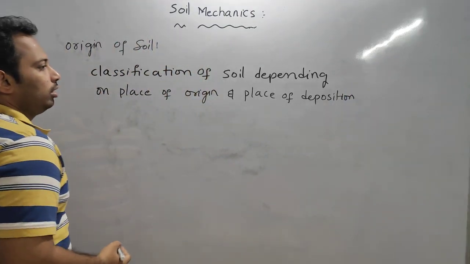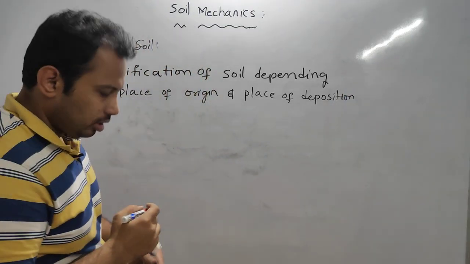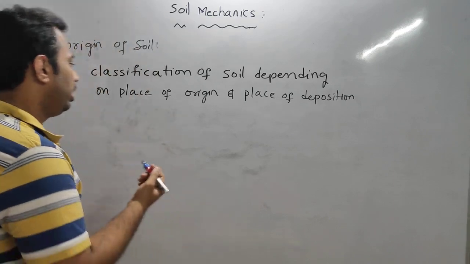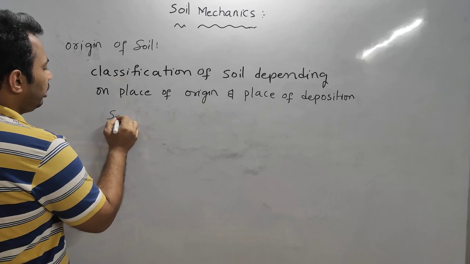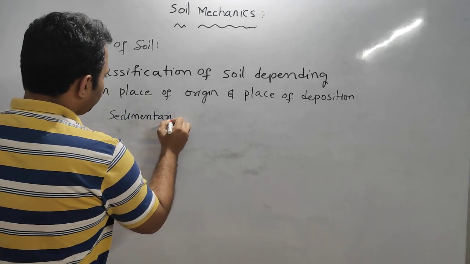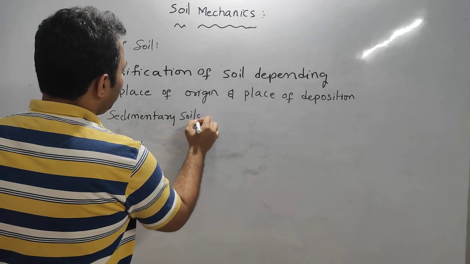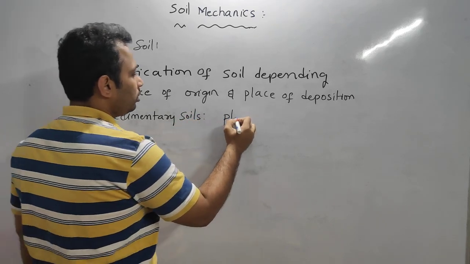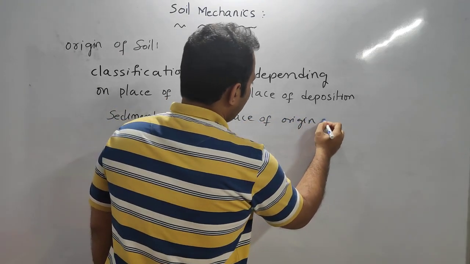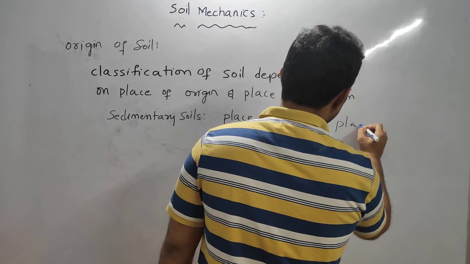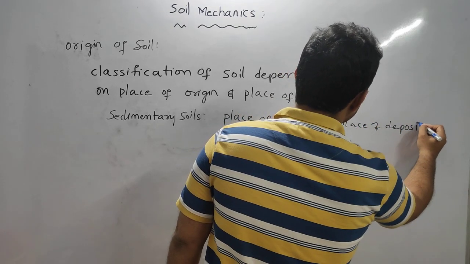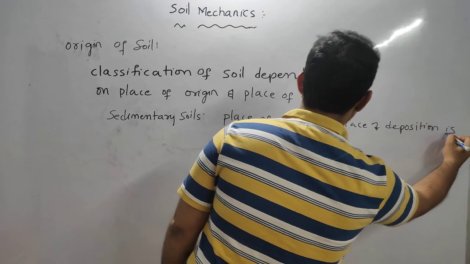See, when the place of origin and place of deposition are different, then we call it sedimentary soils. For sedimentary soils, place of origin and place of deposition is different.